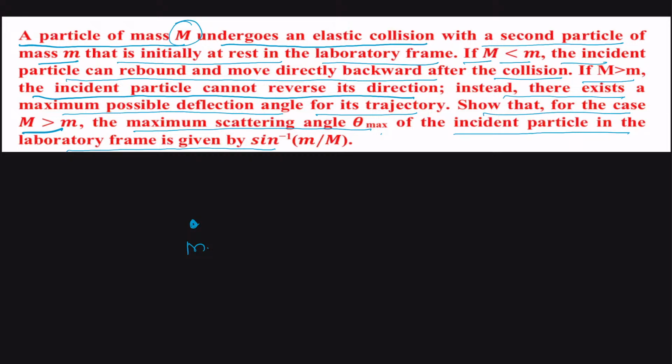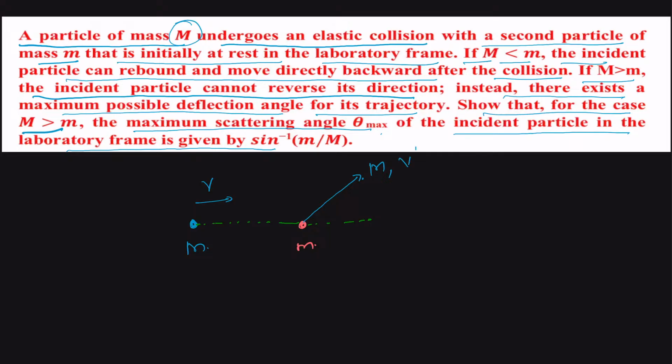and suppose it is moving towards the right side with the velocity v, and we have another mass small m which is at rest, and they are going to collide with each other such that capital M has a velocity after the collision.